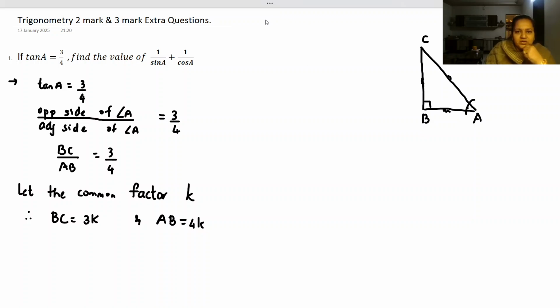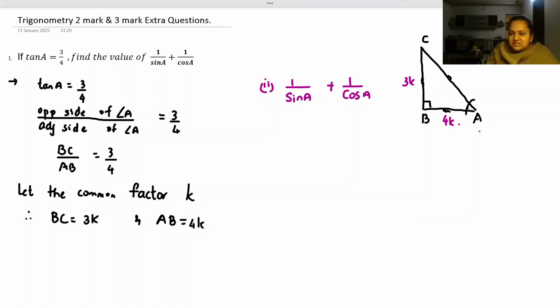Now, the question part. What does the question ask? We want to find the value of 1 upon sin A plus 1 upon cos A. From the figure, BC is 3K and AB is 4K.